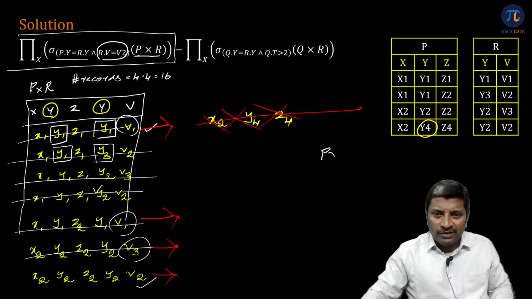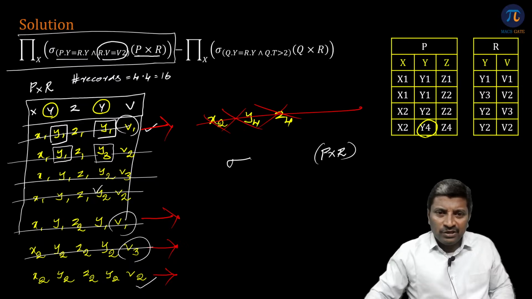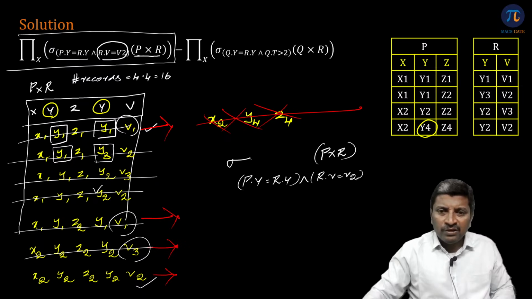That means for the first part, what is the first part? They formed P cross R. From that, they used two conditions. P dot Y equal to R dot Y and R dot V equal to V2. This is the first part of this one, sir.